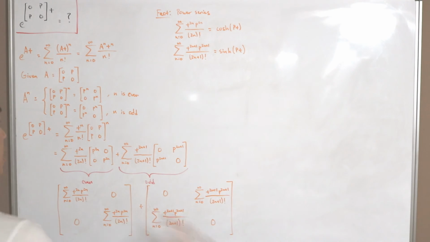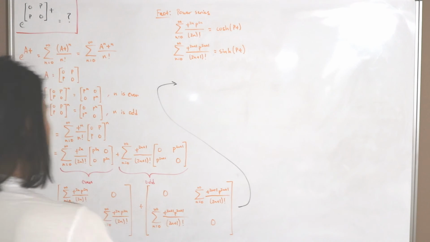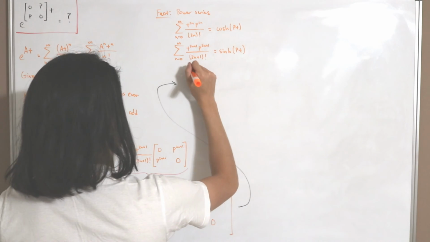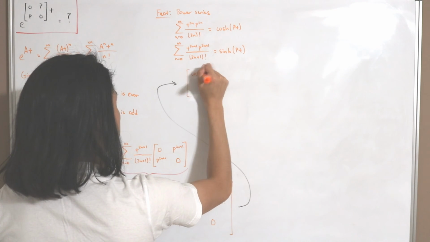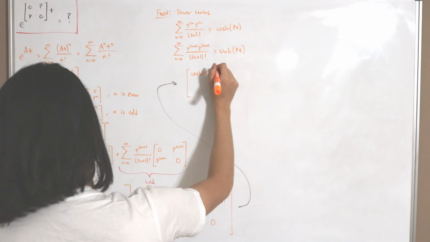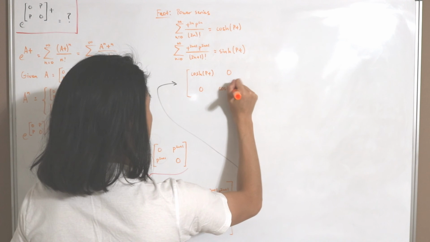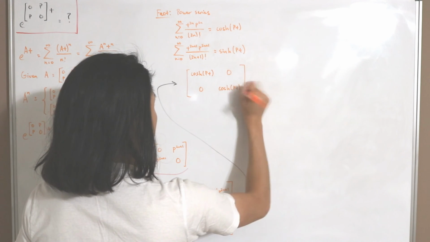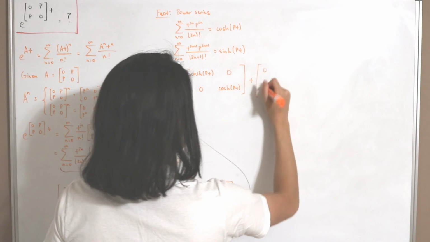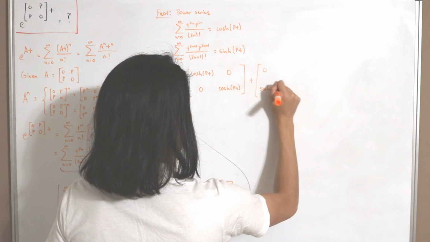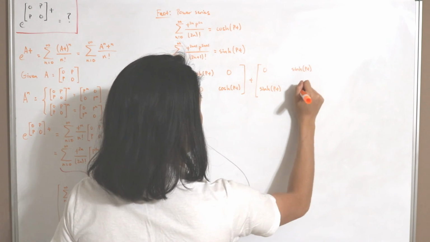So if we put everything together, over here that will be hyperbolic cosine of pt. That'll be 0, 0, hyperbolic cosine pt. And then we add this with the odd series representation. This is hyperbolic sine of pt, hyperbolic sine pt, then 0.